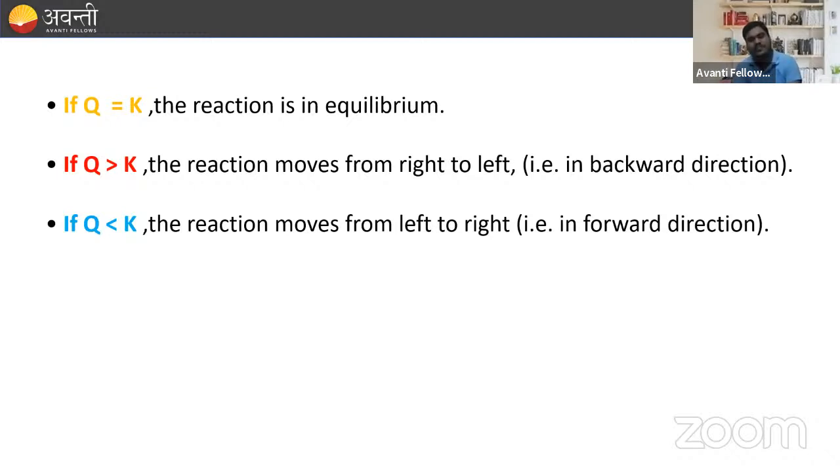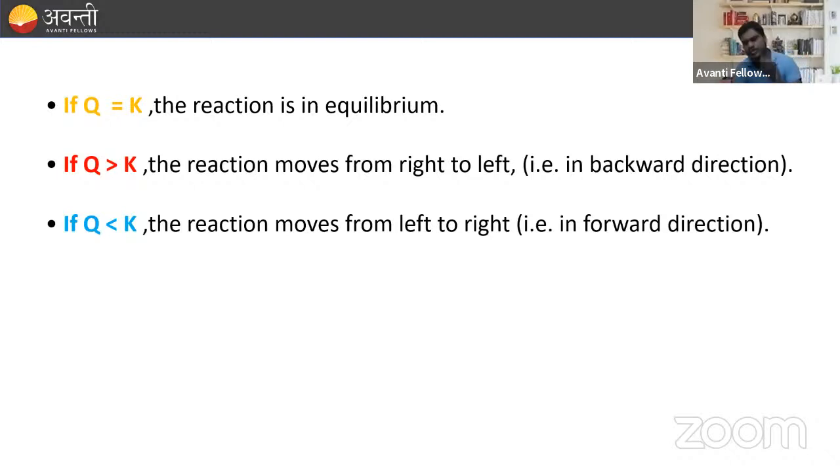If K is more than Q, the reaction moves from left to right, that is, in the forward direction. This is how the reaction quotient is related to the equilibrium constant.